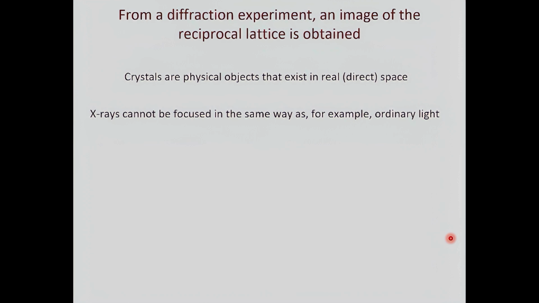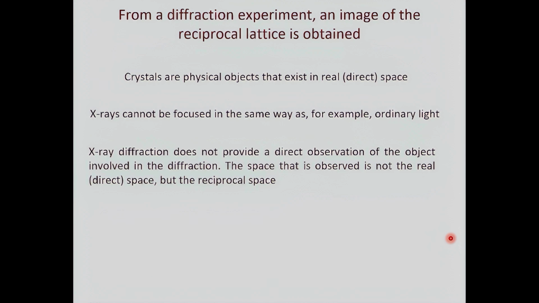No. Why? Because X-rays cannot be focused in the same way, for example, as ordinary light. Our eyes are able to focus the light coming from an object, and then we can reconstruct the image and see this image immediately, directly. This is not the same in the case of X-rays, because we don't have a lens able to do this.